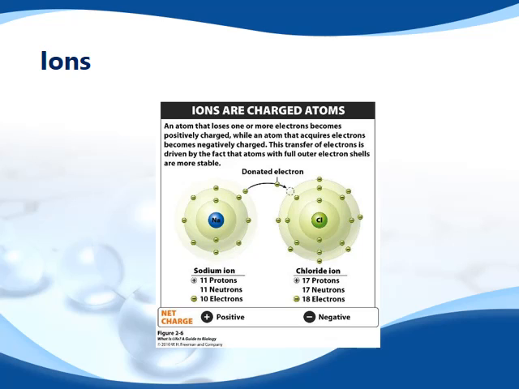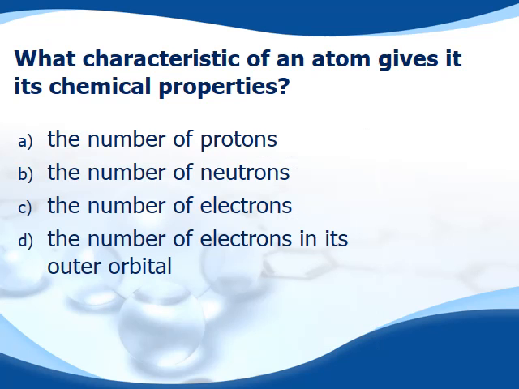Remember that protons are positively charged and electrons are negatively charged. So when we have an ion that has one more proton than electron, we see that that ion has a positive net charge. Now let's look at the chloride ion, which is receiving the donated electron from the sodium ion.